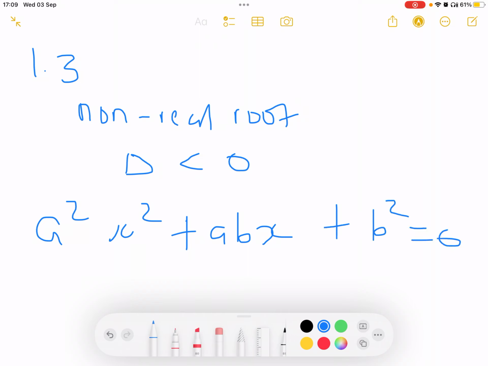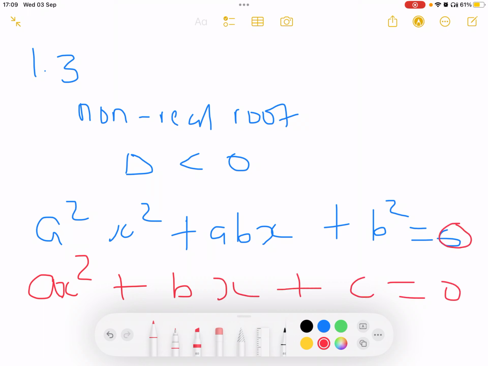And we know we can only get the discriminant from ax squared plus bx plus c equals 0. Now, we need to identify the value of a, the value of b, and the value of c to put into the formula for the discriminant.